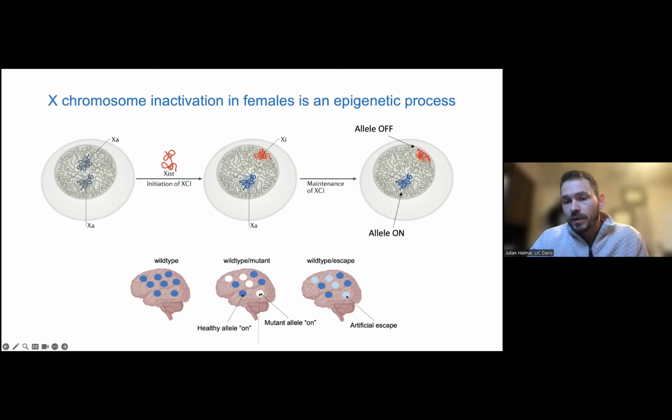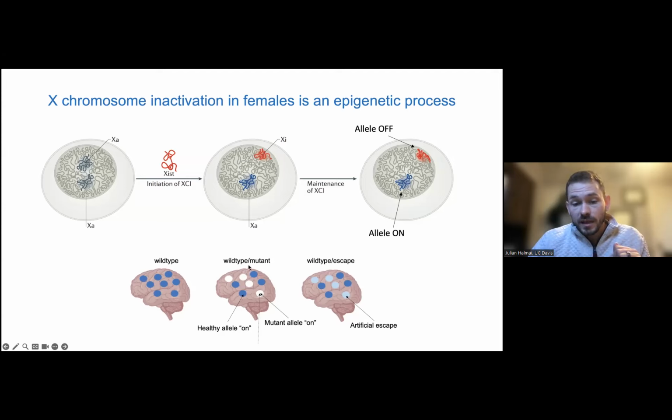This process is completely random. There might be some level of skewing, maybe more towards the paternal allele sometimes versus the maternal allele, or vice versa. But in general, this process is random. In an individual that has two, I'm just going to call them wild-type copies of the gene, every cell expresses either allele of ZC4H2.